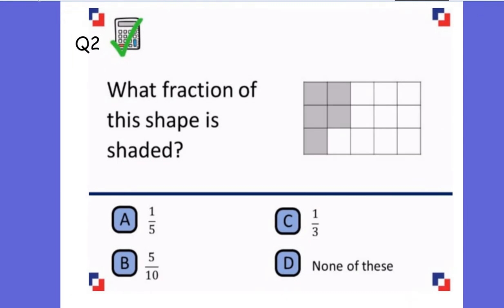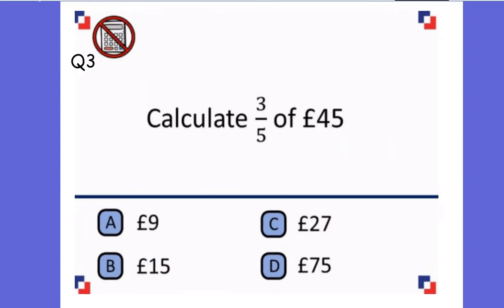Splendid. Question number 2. What fraction of this shape is shaded? Look at the shape. What fraction of that shape has been shaded? Again, pause the video if you need. Question number 3. Can you calculate for me 3/5 of £45? I'd start by calculating 1/5 and then multiply that by 3.